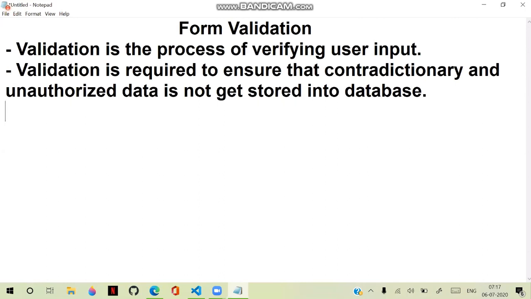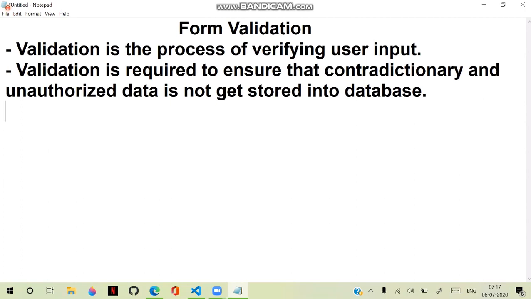That means technically we require validation to make sure that contradictory values, unauthorized values are caught. Contradictory means the type of value you are expecting and the type of value the user inputs are not matching. That is contradictory. Unauthorized means you are expecting a specific range of values, but the input value is out of that range.